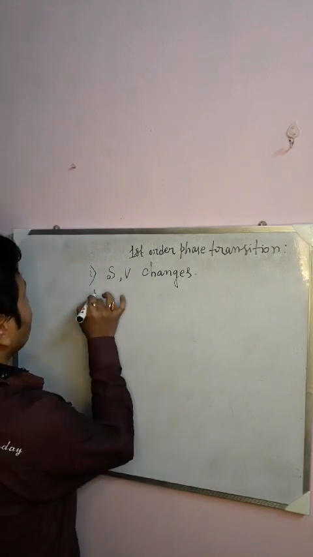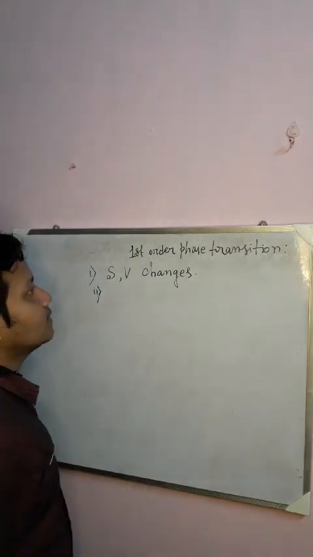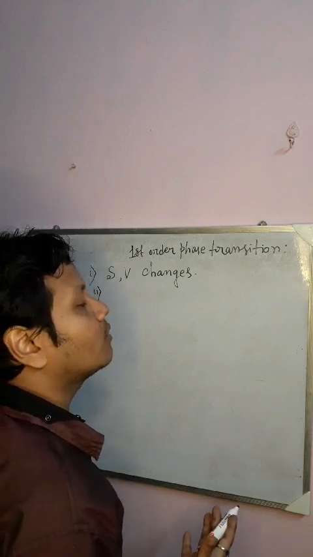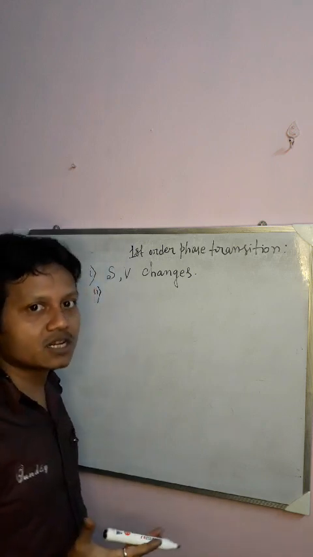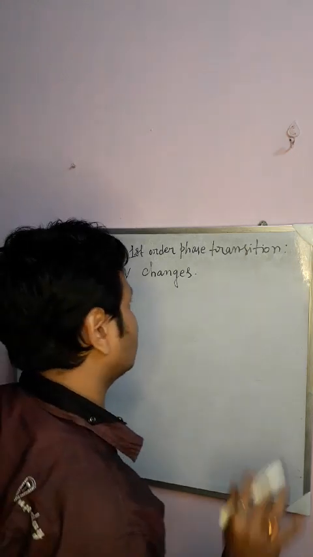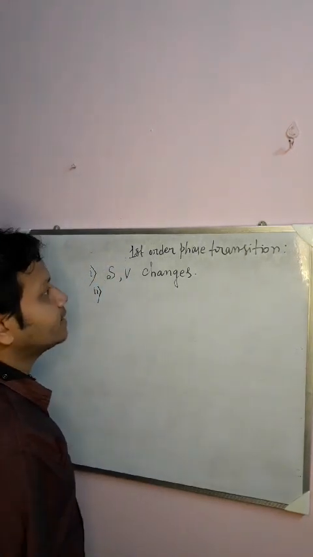Okay, now the second feature is that whenever there is a change from one phase to another, there is a transfer of energy, and this is governed by the Clausius-Clapeyron equation or first latent heat equation.